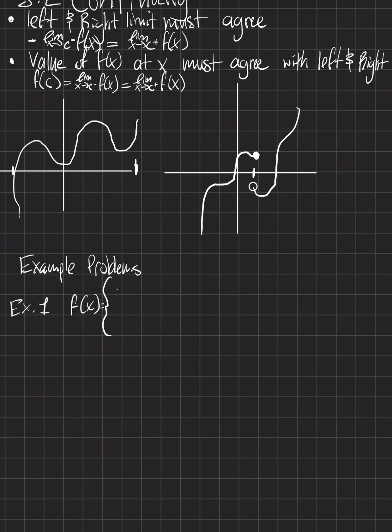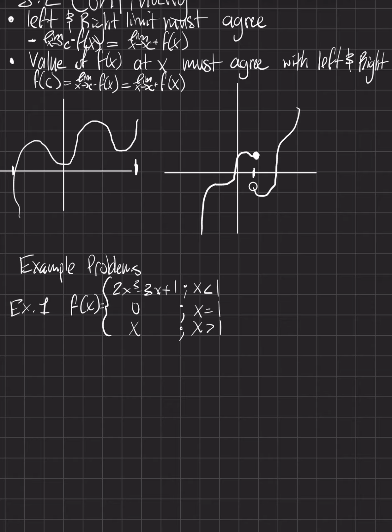f of x is going to be equal to 2x cubed minus 3x plus 1. And here, and then here. And we're going to set this one when x is going to be less than 1, this one for when x is equal to 1, and then this one when x is going to be greater than 1.